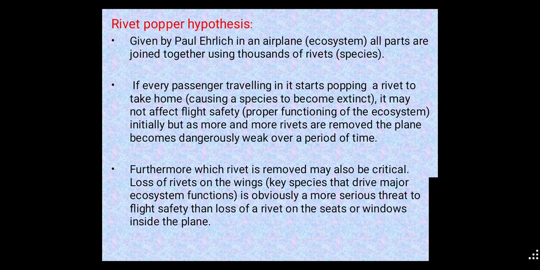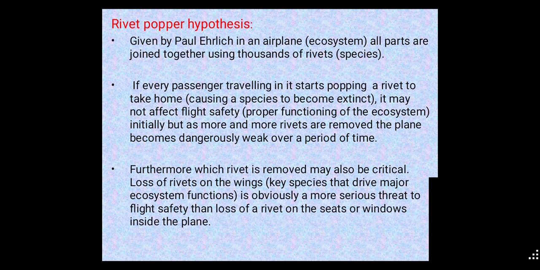It does not affect flight safety initially, but as more and more rivets are removed, the plane becomes dangerously weak over a period of time. Furthermore, which rivet is removed may also be critical.